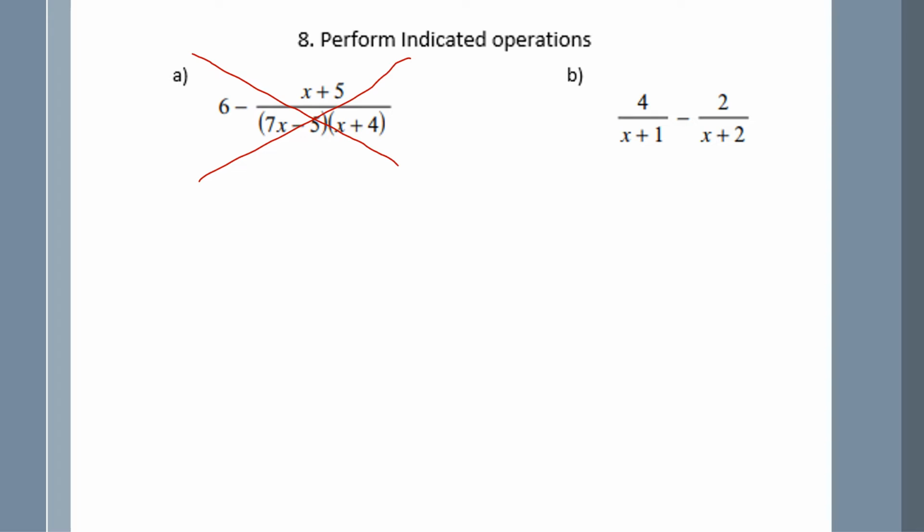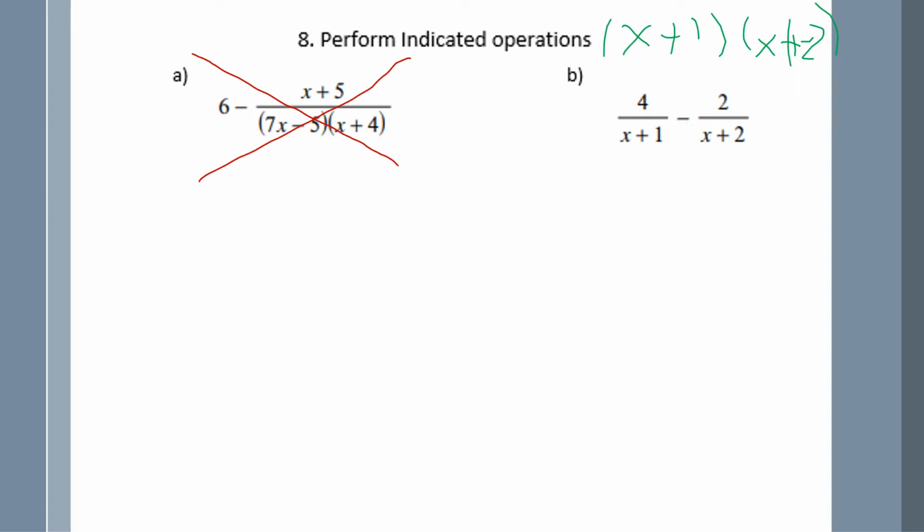So focus on question B, because you're definitely going to see something of that nature on this test. The least common multiple is x plus 1, x plus 2. On your study guide, you can just mark out 8A. I won't count that against you.